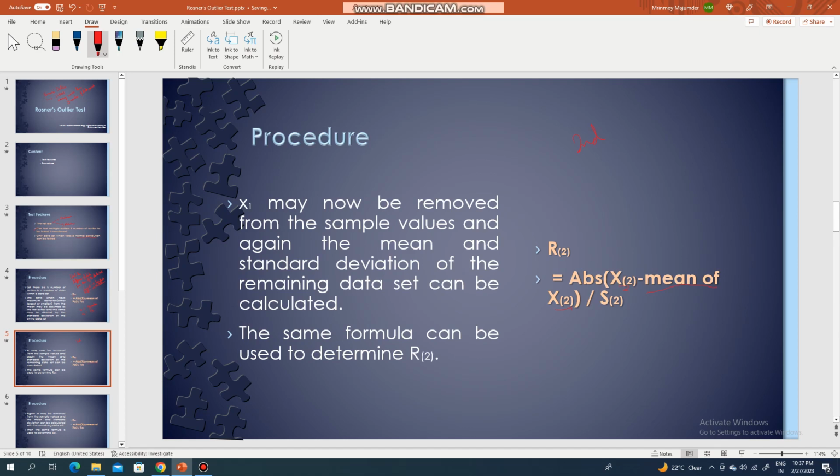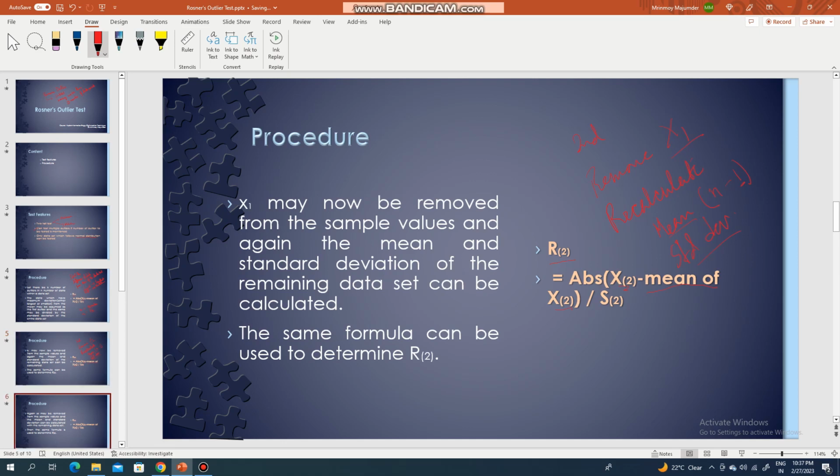That is why it is written as mean of x2. So you have to remove x1, as it is already done, and then recalculate the mean and standard deviation of the data set with the n minus 1 data points. After recalculating the mean and standard deviation, you will find R2.